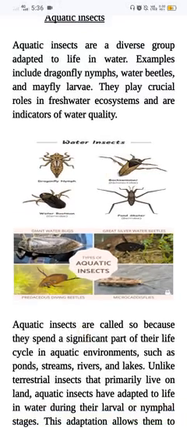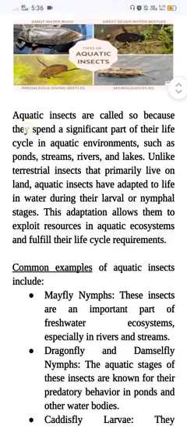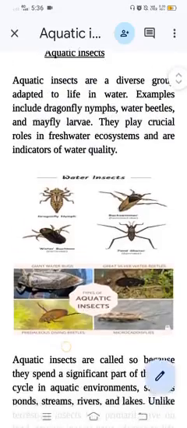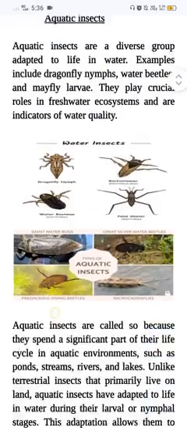These are some common aquatic insects. So, aquatic insects are called so because they spend a significant part of their life cycle in aquatic environments we mentioned earlier, such as ponds, streams, rivers, and lakes. That's why they are called aquatic insects, and they can be referred to as indicators of water quality.